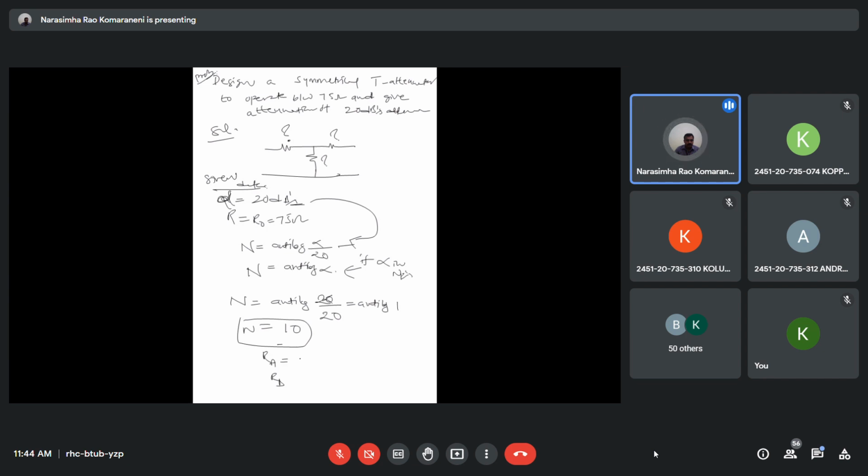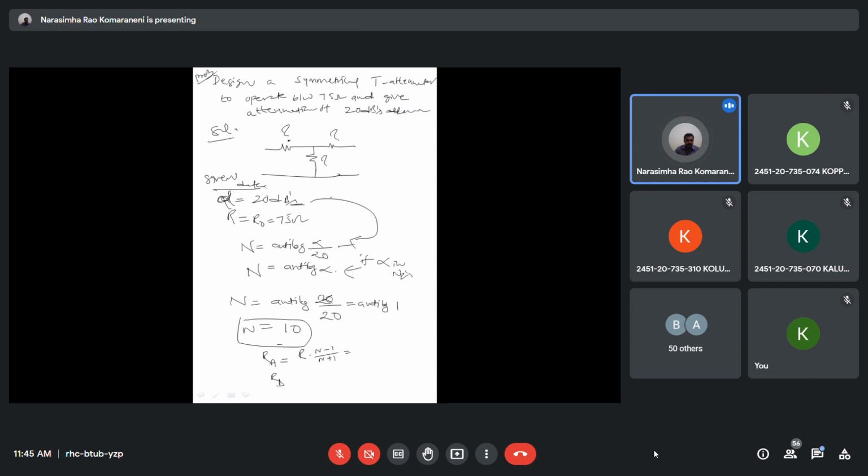Can anybody read out this RA equation? What is RA? What was the RA value we derived? RA equals R into (n minus 1) by (n plus 1). Here is the equation. The N value we got is 10.